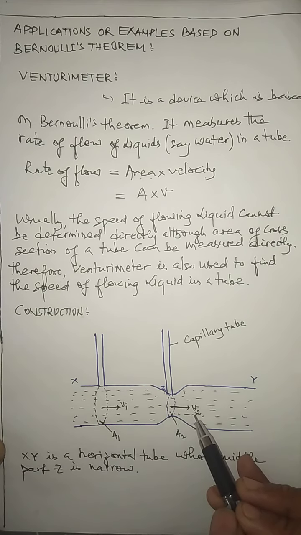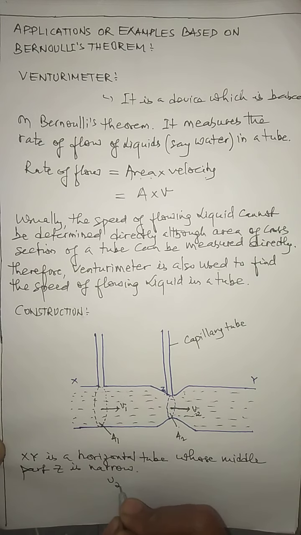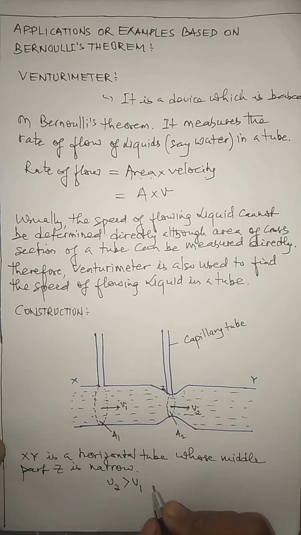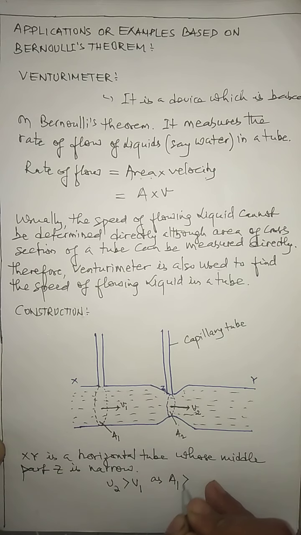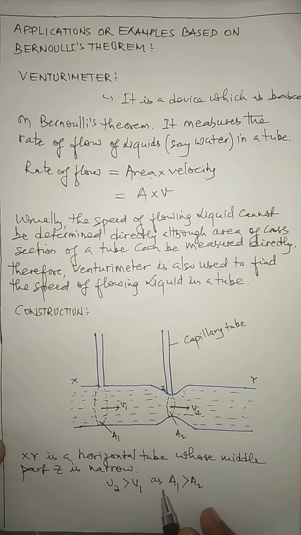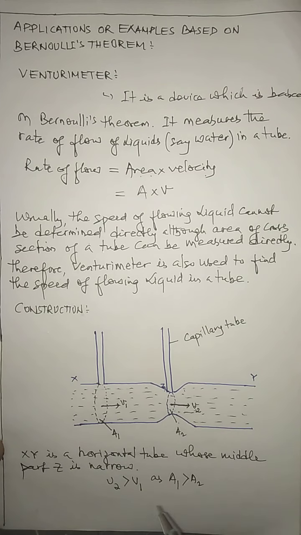So B2 is greater than B1, because A1 is greater than A2. So children, under this case, what happened?